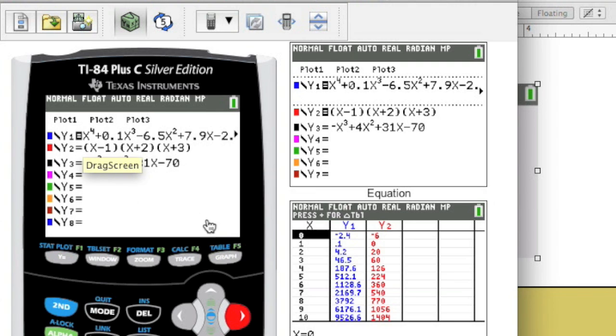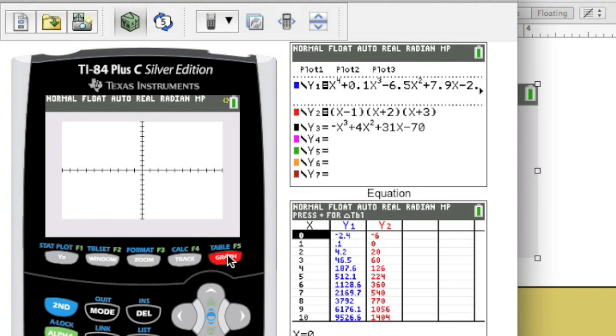So if we were to go to graph, then it's going to show us only the one that we have selected, and you can see that there. And this is the exact example or the picture we showed earlier where it looked like it only had 3 zeros. So here you can see the screen.